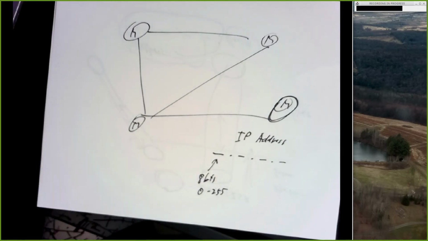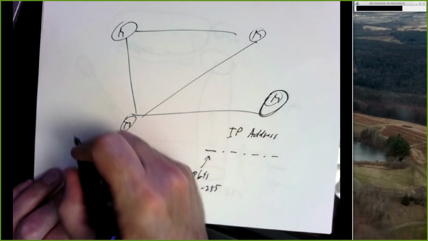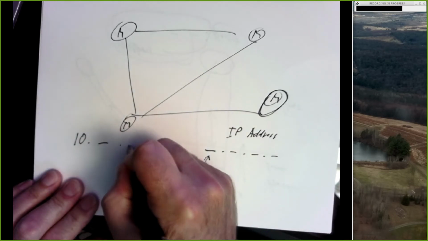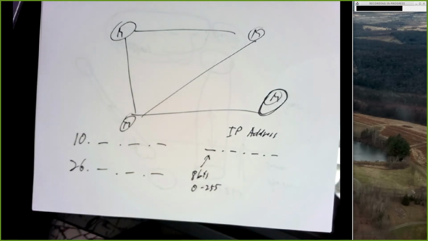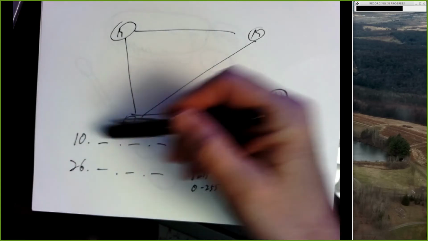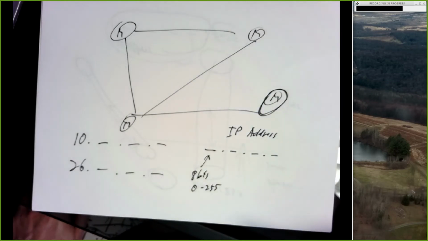So we use these IP addresses. When I first got into this, which was mid 80s, we had 2 types of IP addresses: 10 point something point something point something, and 26 point something point something point something, and that was it. Each of these was sort of its own separate network. This was a network of schools, universities, research labs that was called ARPANET.